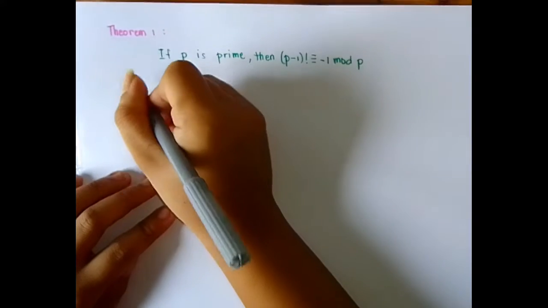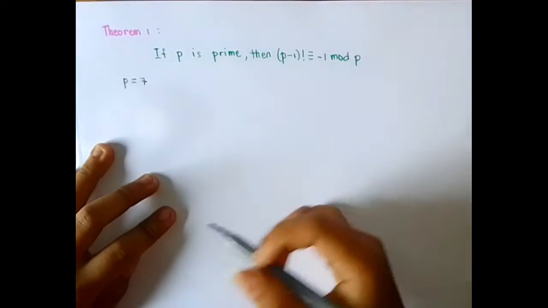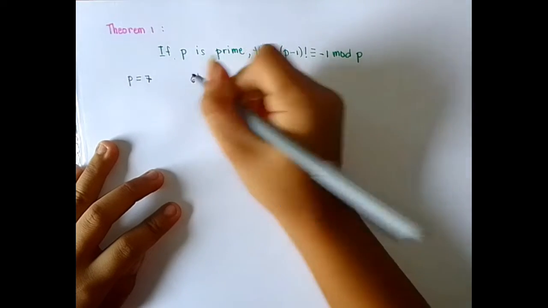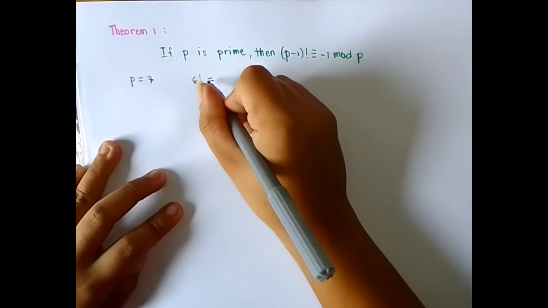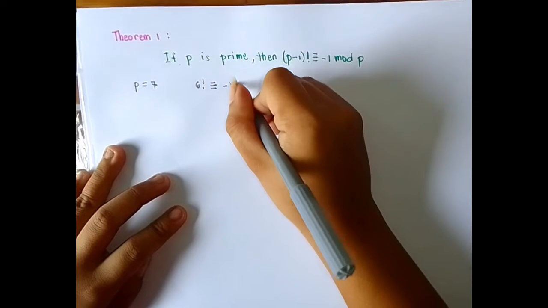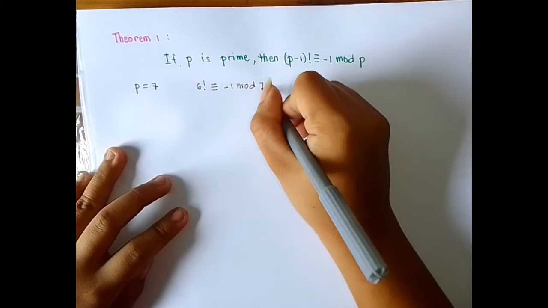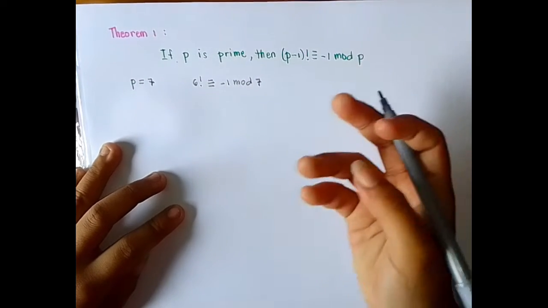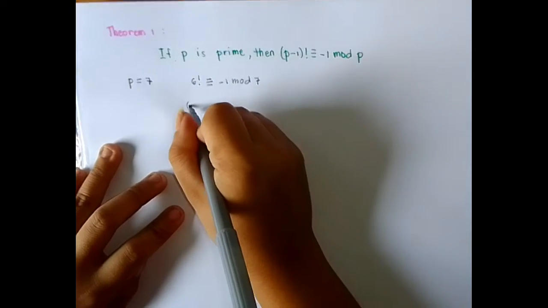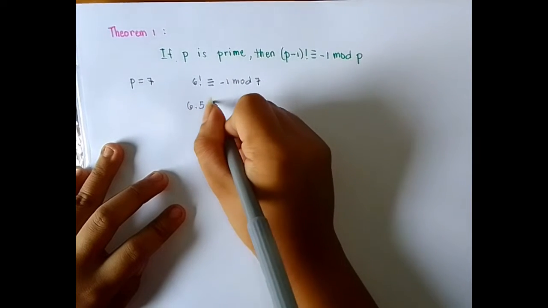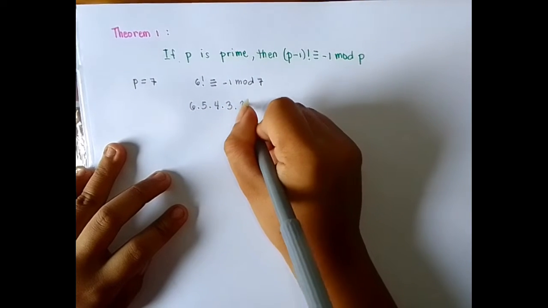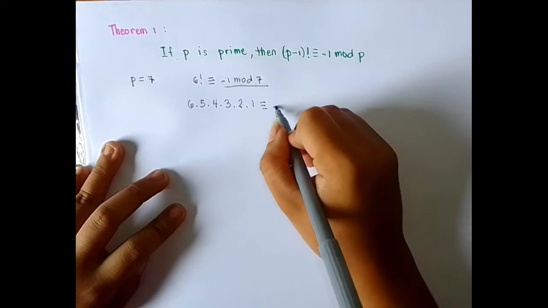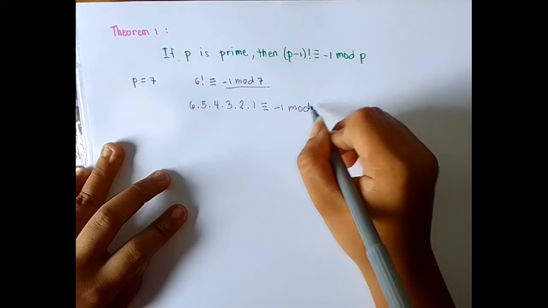Suppose that p is equal to 7. By Wilson's theorem, 6 factorial is equivalent to negative 1 mod 7. Writing out the terms of 6 factorial and the congruence, we have 6 times 5 times 4 times 3 times 2 times 1 is equivalent to negative 1 mod 7.